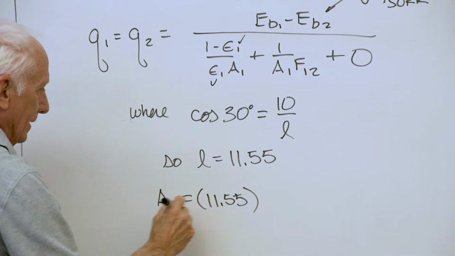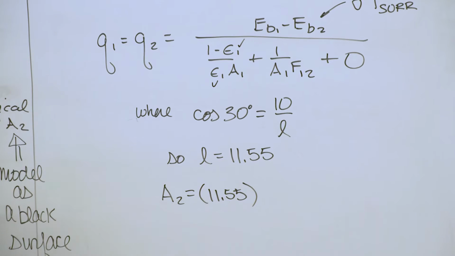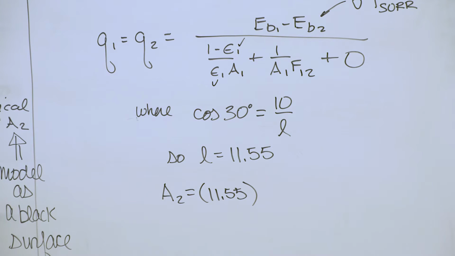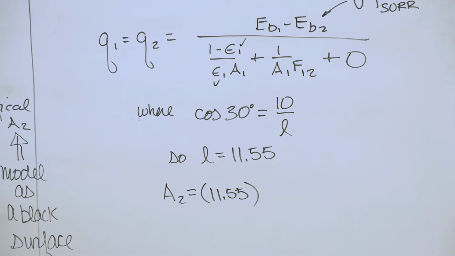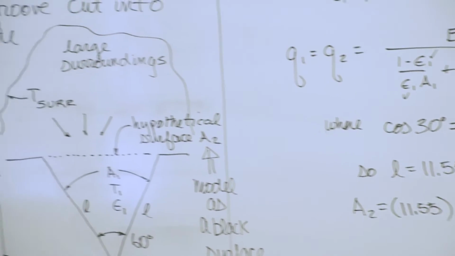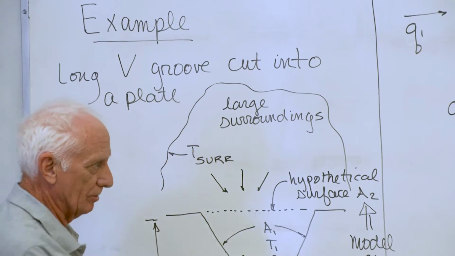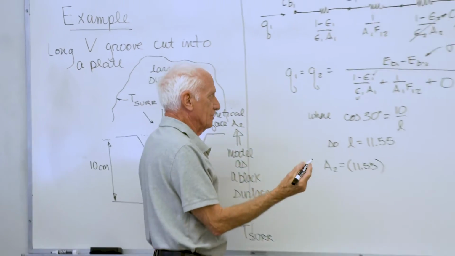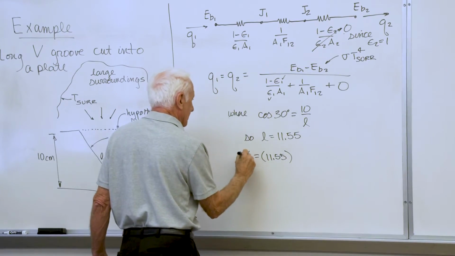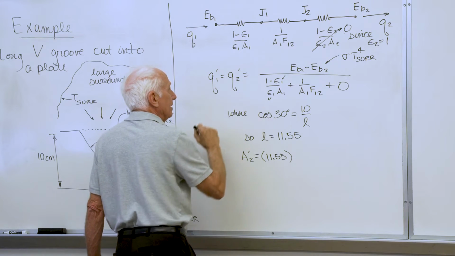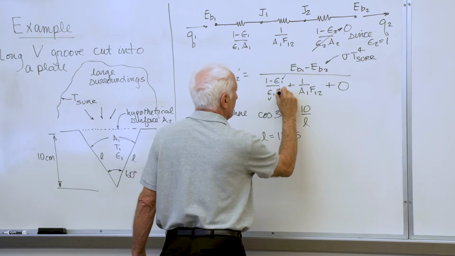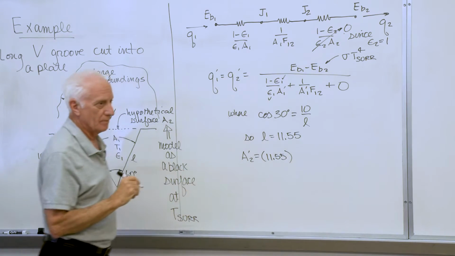It's 11.55 times the depth into the blackboard. We don't know, it's a long V groove. Nobody told us how long it was. So if you want to put the primes on it, you can. The answer is going to be in watts per meter.